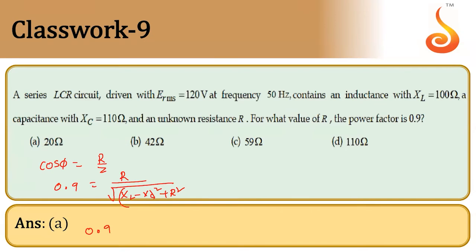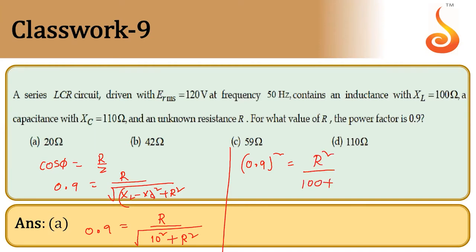XL minus XC is 10. So 0.9 is equal to R divided by the square root of 10 square plus R square. Squaring on both sides, 0.9 whole square is equal to R square divided by 100 plus R square. Simplify and you will get the answer as 20 ohm.